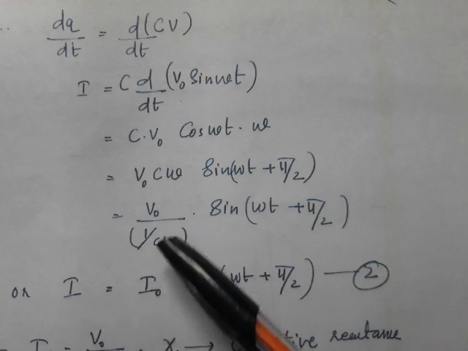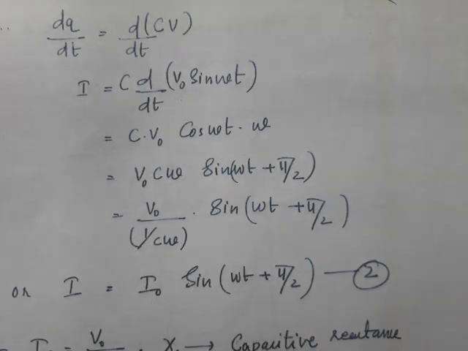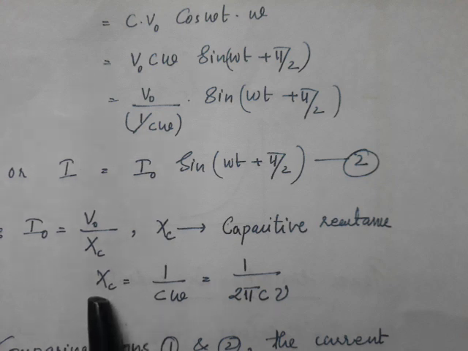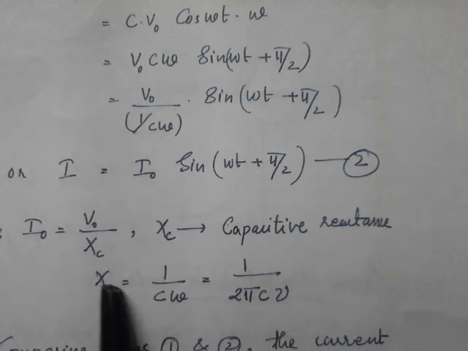Here 1 by C omega is the resistance offered by the capacitor, that is our capacitive reactance. We call it capacitive reactance, represented as XC. C stands for the capacitor. So we can see capacitive reactance and the frequency are inversely proportional.